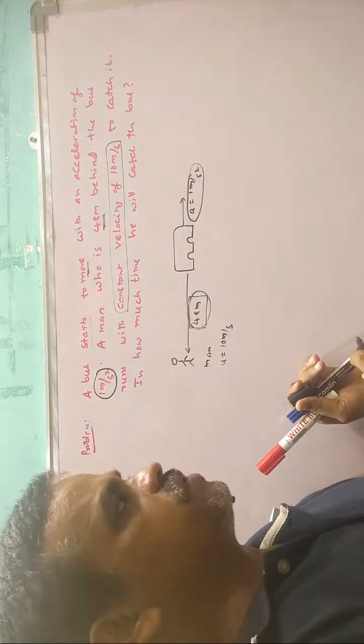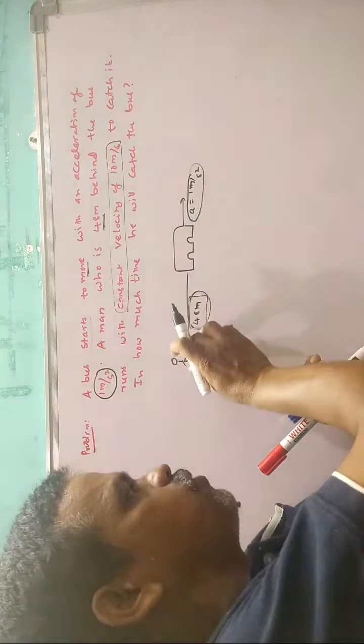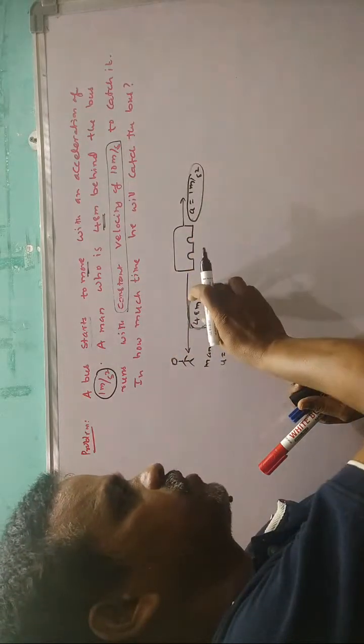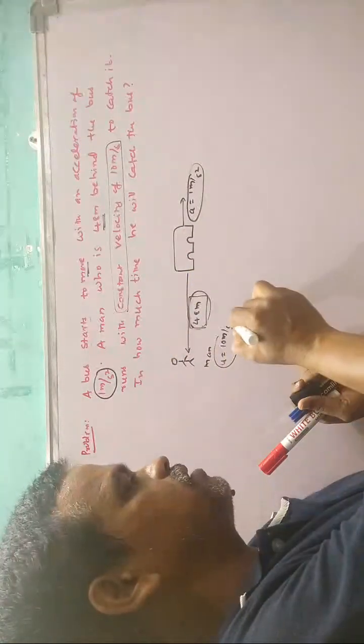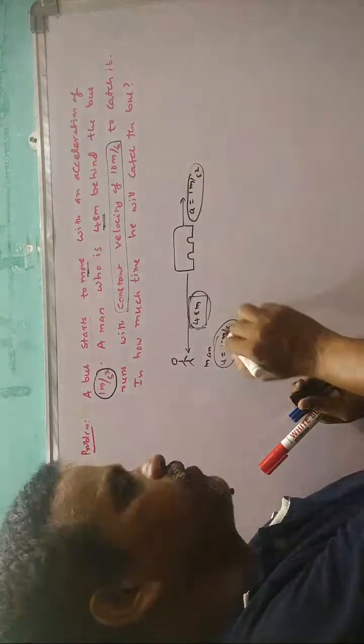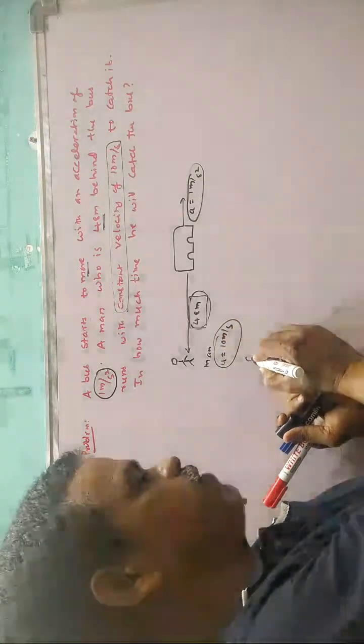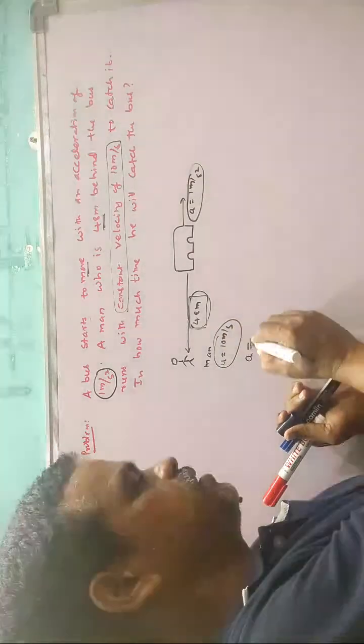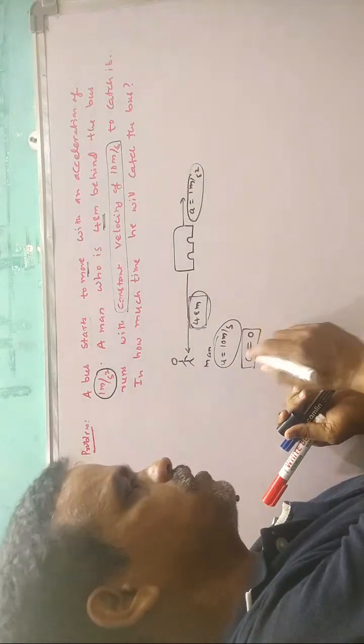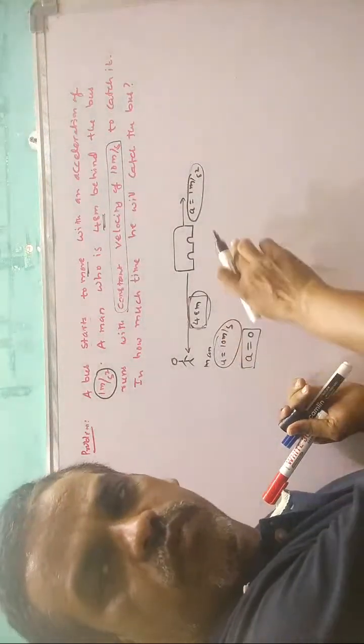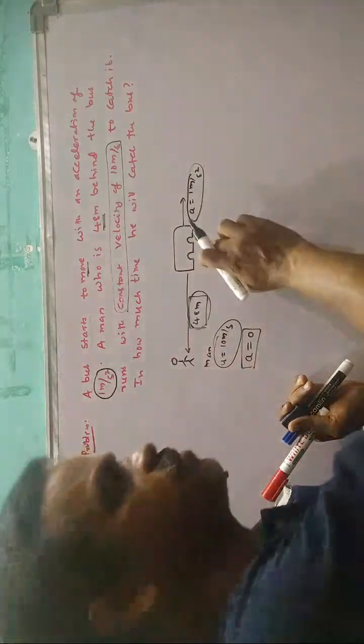So this is the situation. Bus is here. The man is here, 48 meter behind the bus. He runs with 10 meter per second with uniform velocity. For any uniform velocity, the acceleration of the man is a equal to 0. He has to catch the bus.